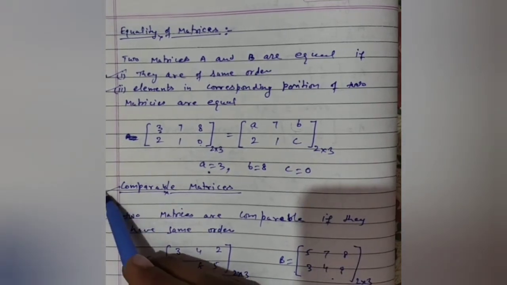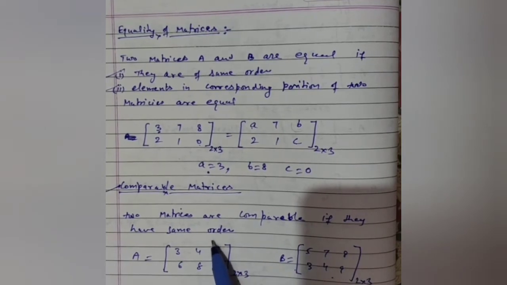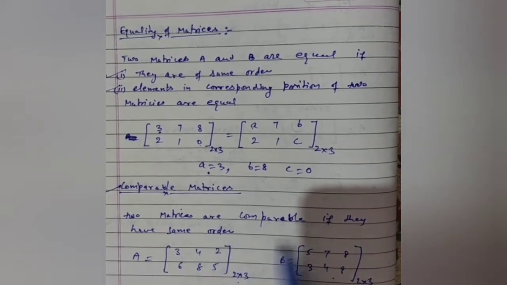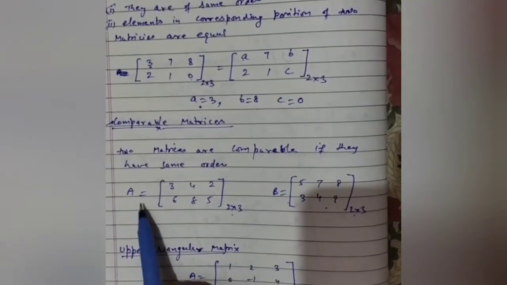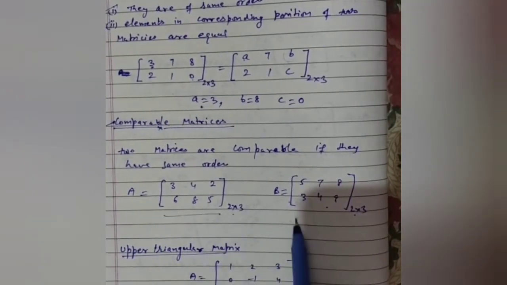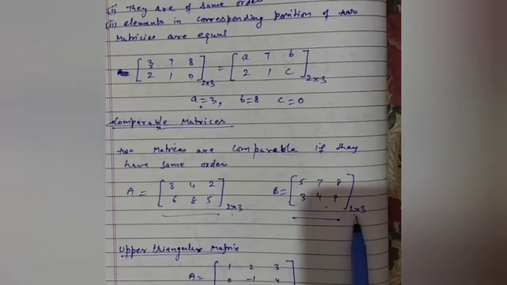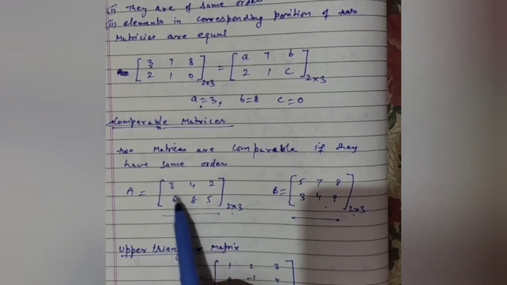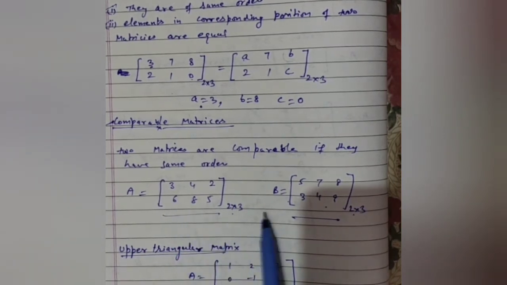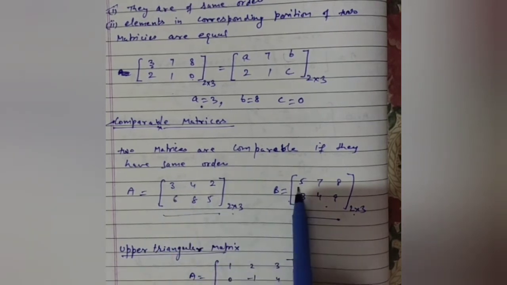The next is comparable matrices. Two matrices are comparable if they have the same order. We take an example: matrix A is equal to, matrix B is equal to. Matrix A is of order 2 by 3, and matrix B is of order 2 by 3. Both matrices have the same order, but the elements on the corresponding positions are not the same.